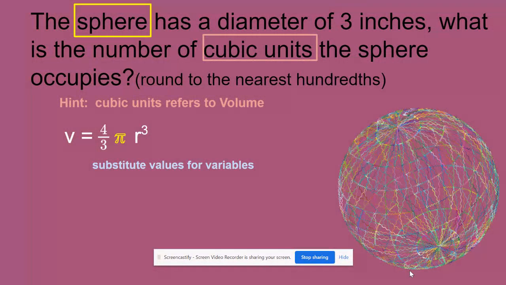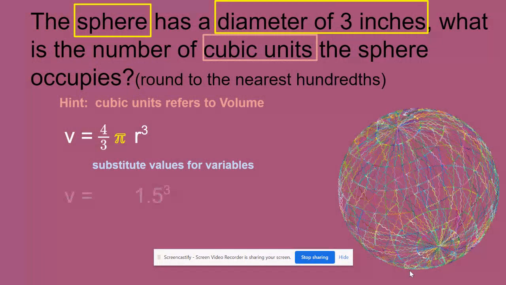And I'm going to substitute my values for variables, but my formula calls for radius. When I look back into the problem, I'm not given the radius. Instead, I'm given the diameter. So what should I do? I hope you said divide by 2. So I take my diameter and divide by 2.